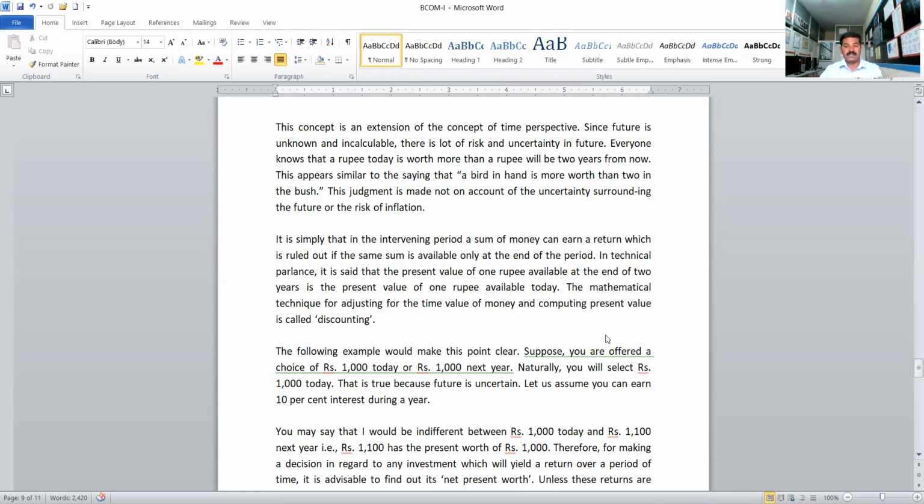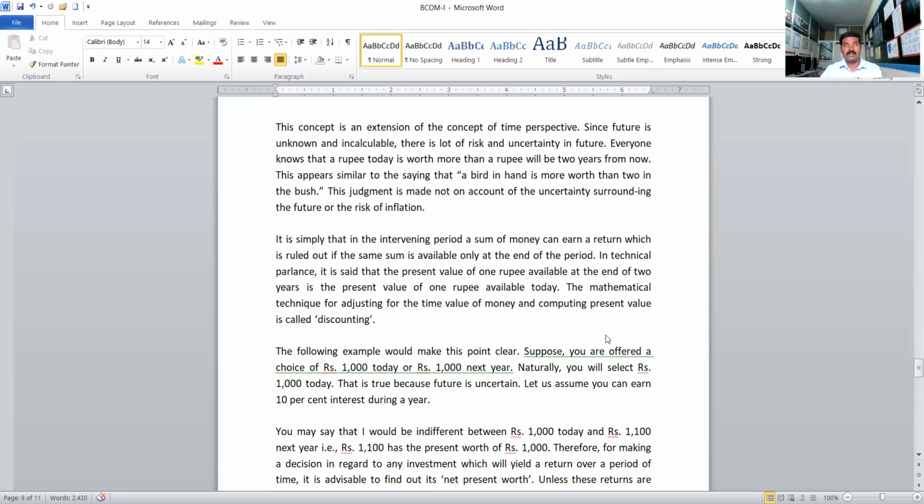The mathematical technique for adjusting for the time value of money and computing present value is called discounting. What is discounting?